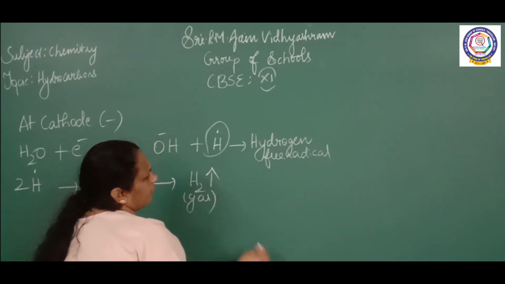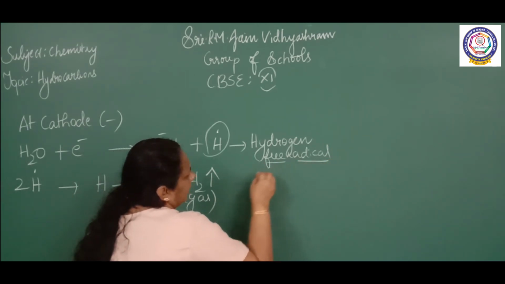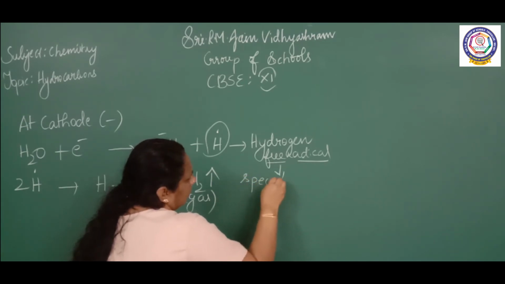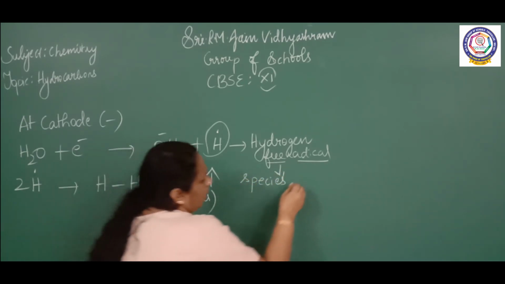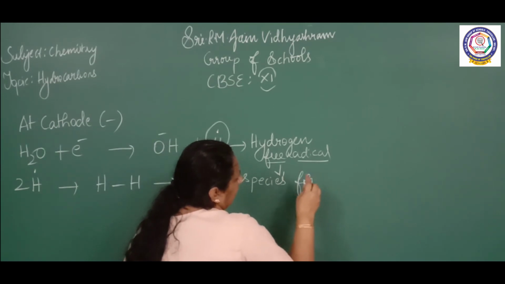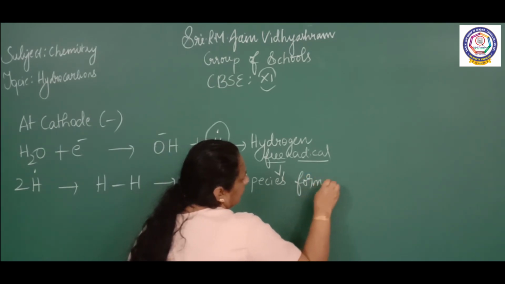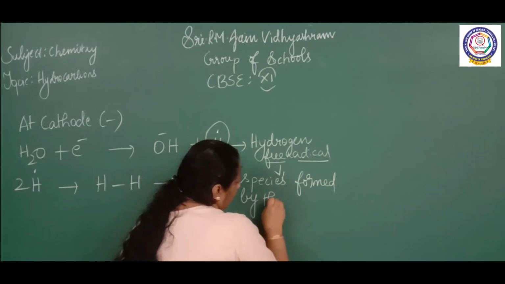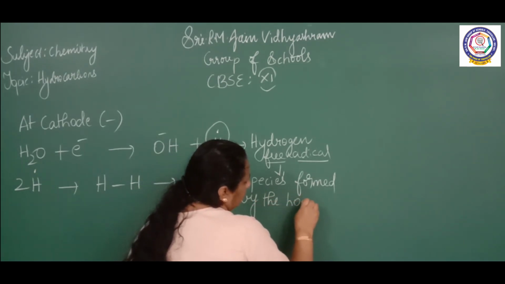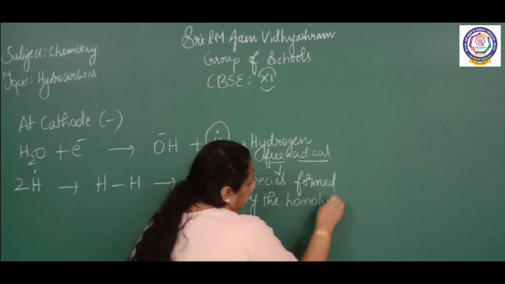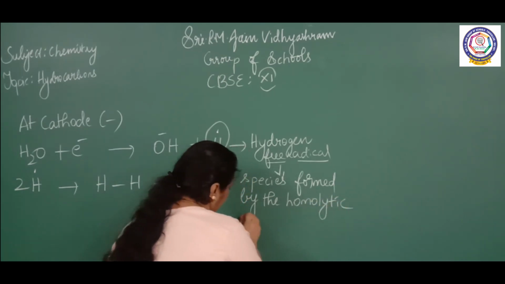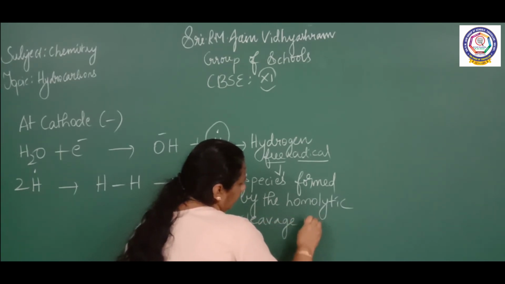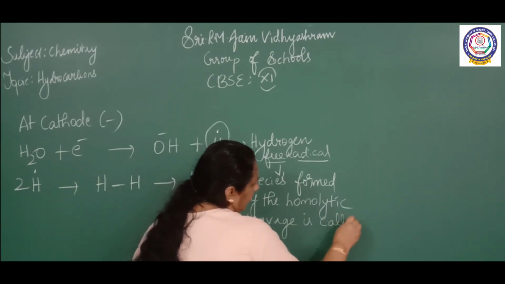So what is hydrogen free radical? What is free radical actually? Species formed by the homolytic cleavage, homolytic fission, is called free radical.